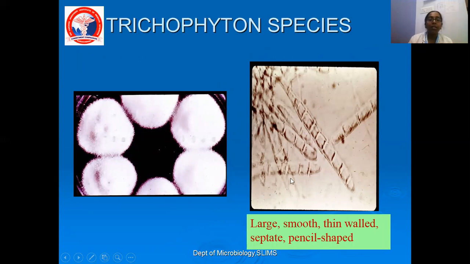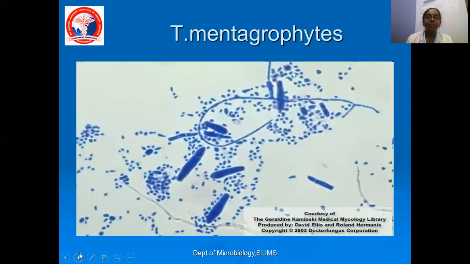So these are the colony morphology of Trichophyton. Usually they are powdery colonies, and you can see the large, smooth, thin-walled, septate, pencil-shaped macroconidia. Here you can see the microconidia and macroconidia.